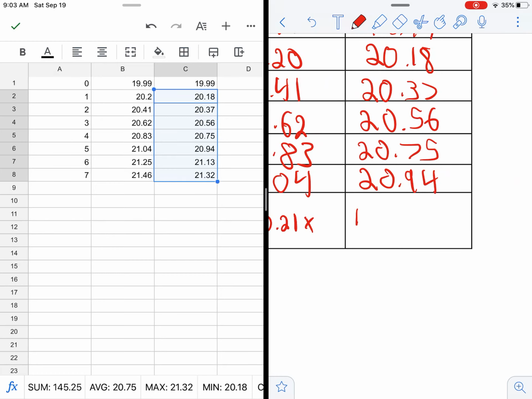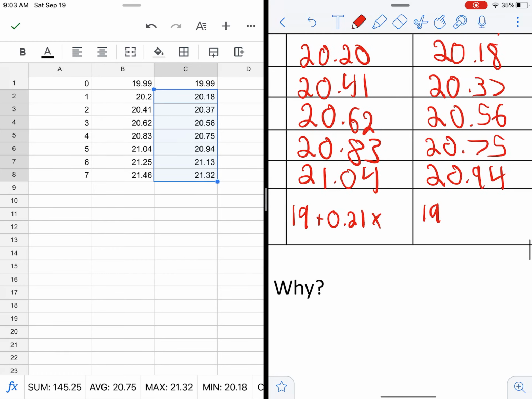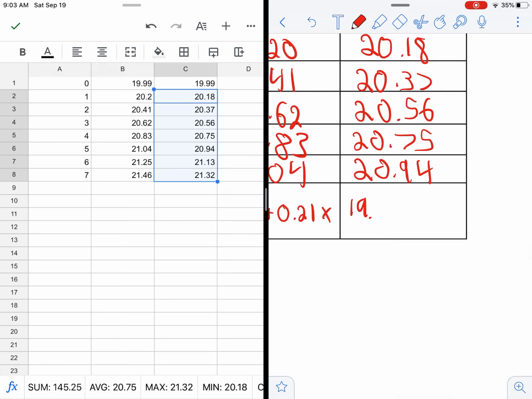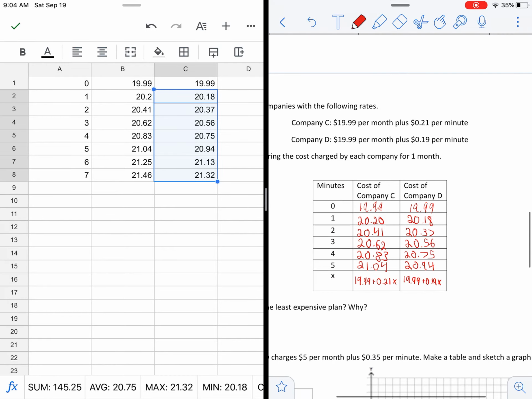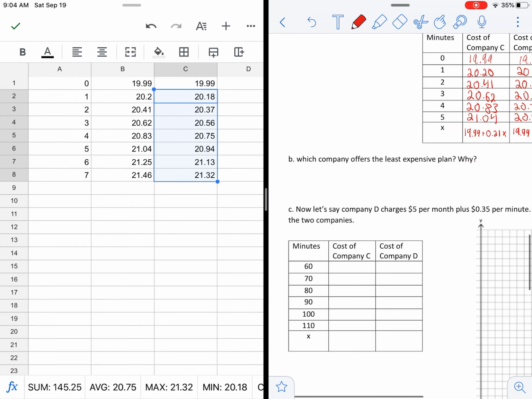And then company D charges $19.99 plus an additional 19 cents per minute. So there's some formulas that can work there.